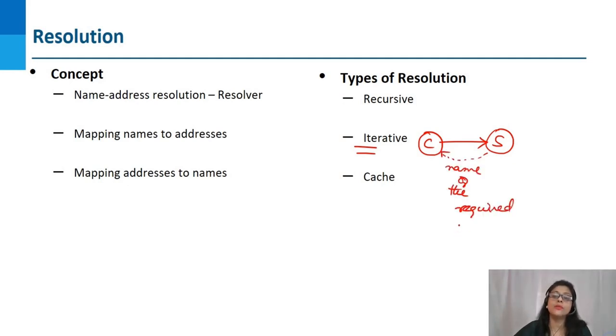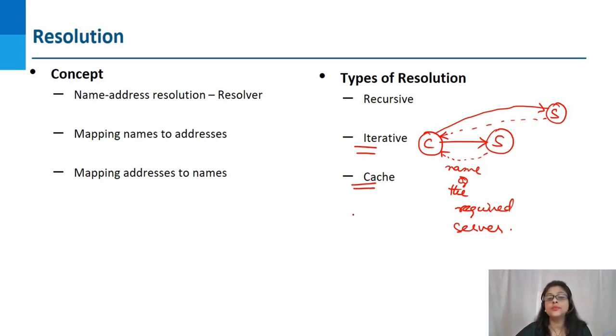Actually, it will send back the name of the required server instead of transferring the message to the required server. So once the name of the server is reached at the client side, the client will directly send it to the required server, and the required server will send its response back to the client. So this is known as an iterative type of resolution.